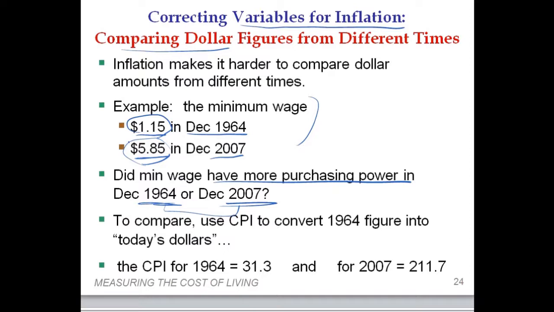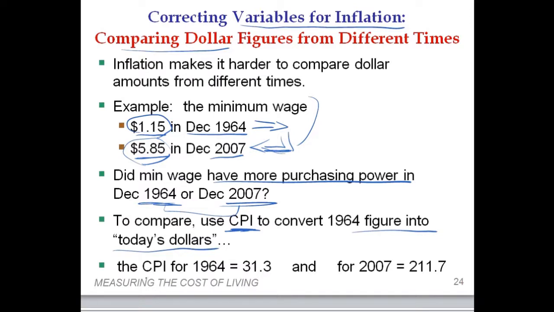To know the answer, we can adjust for inflation to find out what that $1.15 would have purchased in 1964 versus what the $5.85 would have purchased in December of 2007. It is a comparison. We are going to use the CPI to convert the 1964 figure into 2007 dollars. And here is how we do it.